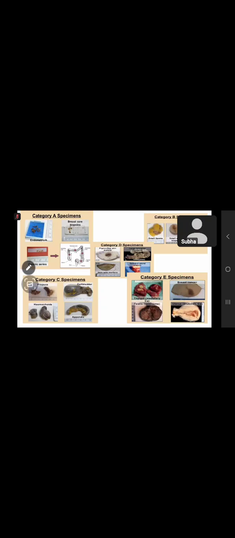Category B contains skin biopsies or cervical biopsies, group C specimens belong to gallbladder, appendix, hemorrhoids, group D pigmented skin and salivary gland, and group E belongs to thyroid.